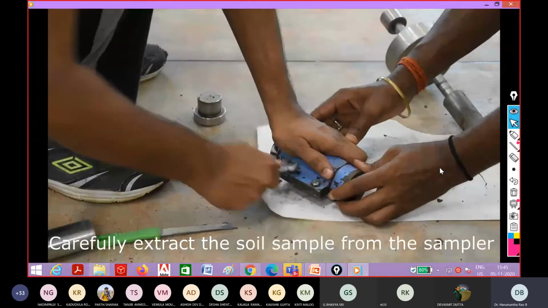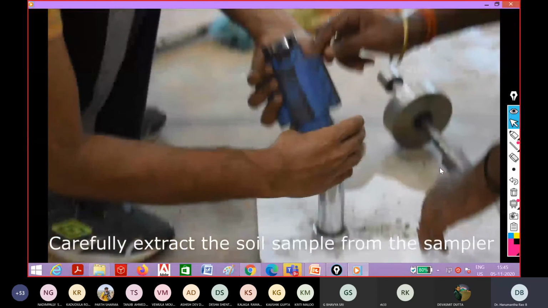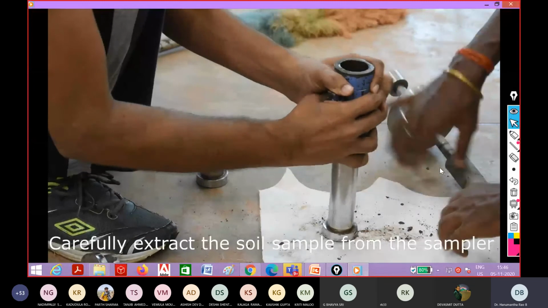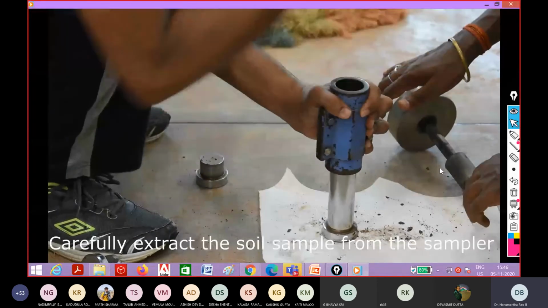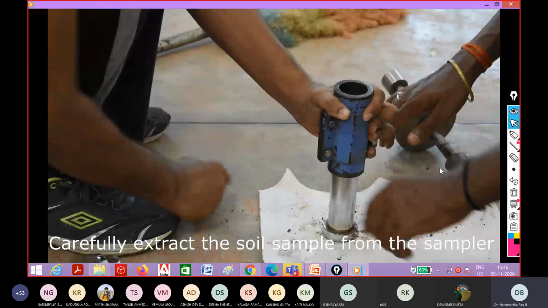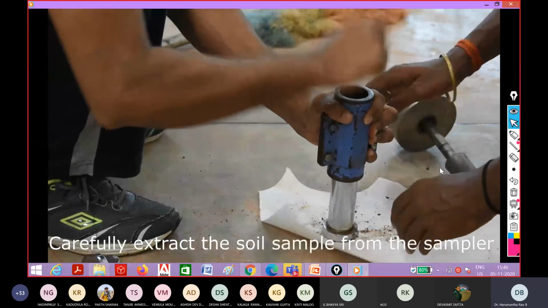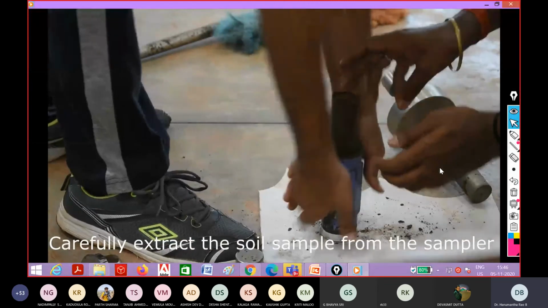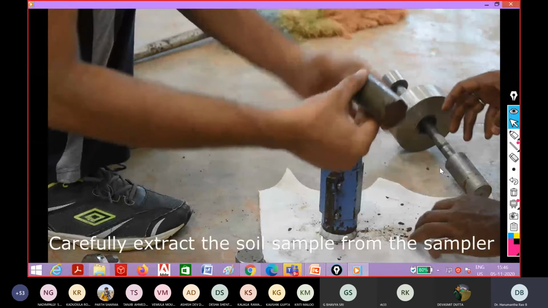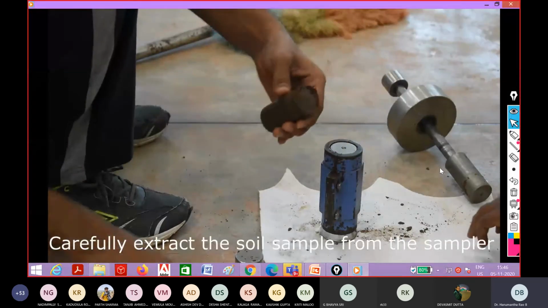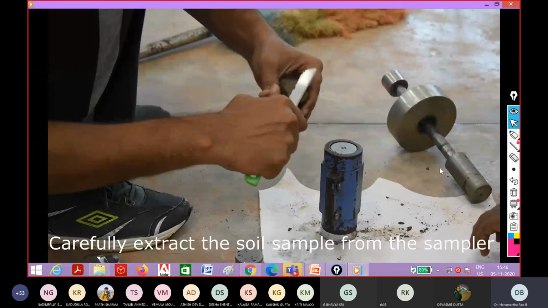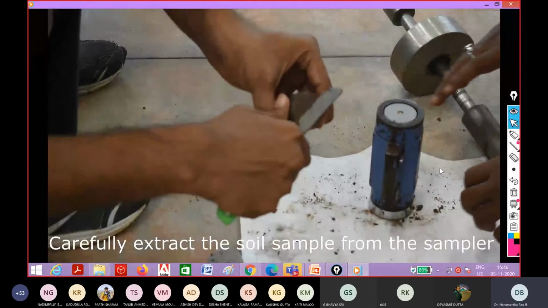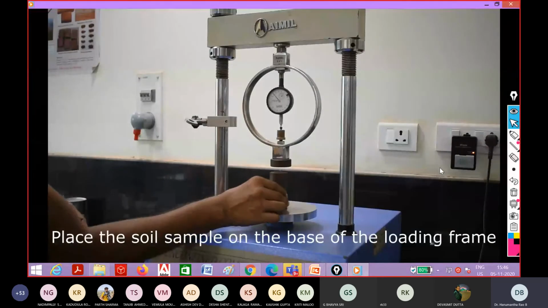If you are not careful, there is a possibility of the soil sample breaking. Either you can unmold it, or you can extract the soil sample. Here they have extracted the soil core. Since the soil sample is compacted very well, it is easy to extract.